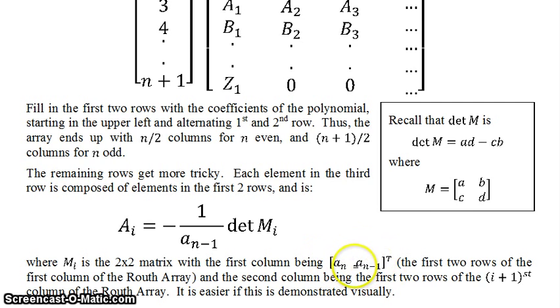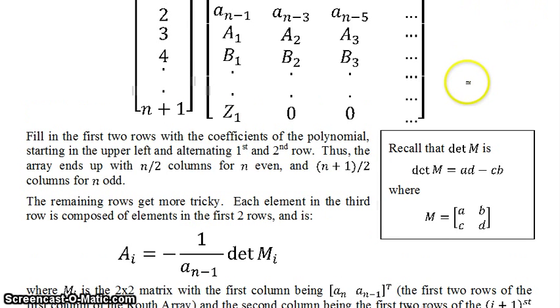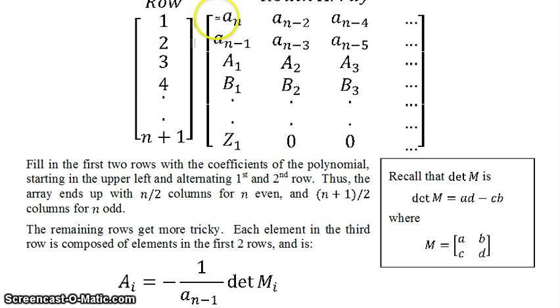These are the two elements of the Routh array here, and that's the first column of this matrix.